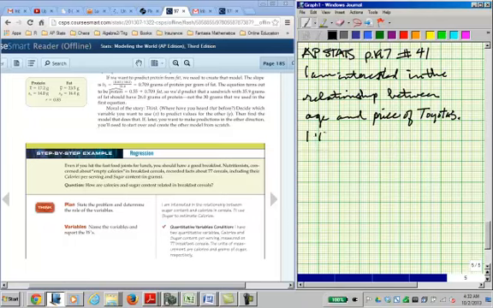I'll use age to estimate price. Right? It's price versus age.